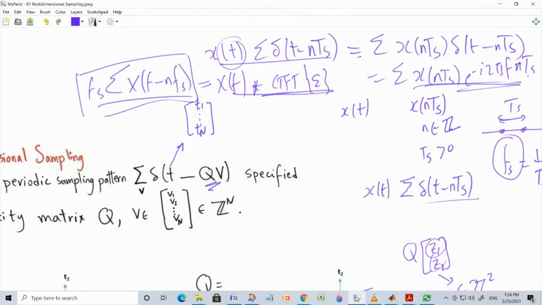Okay, so the spectrum of the original continuous time signal is periodized, and by periodized it means that it is shifted at all integer multiples of Fs, and then you have a summation. And of course, this thing may blow up, but let's assume that we are talking about some nice signal for which this summation is finite for every frequency, and then you have this scaling factor Fs. Okay, so when you discretize in one domain, you induce periodicity in the other domain.